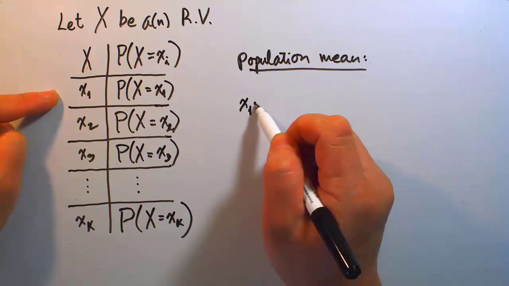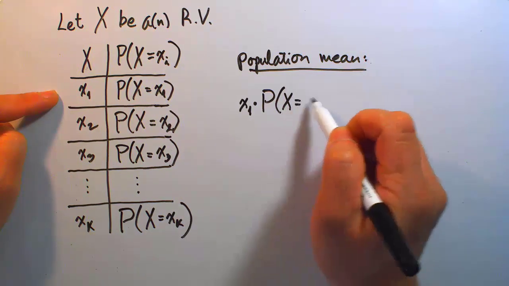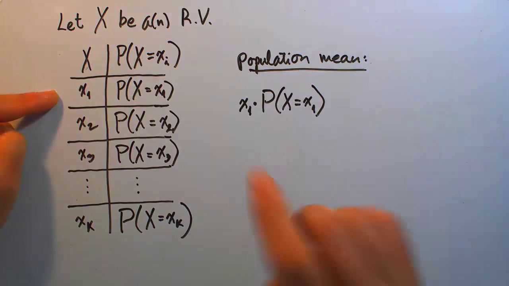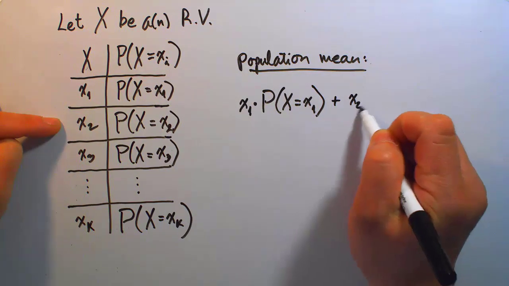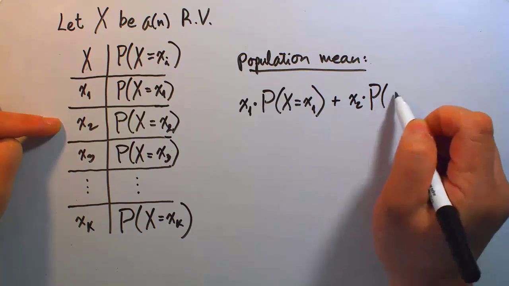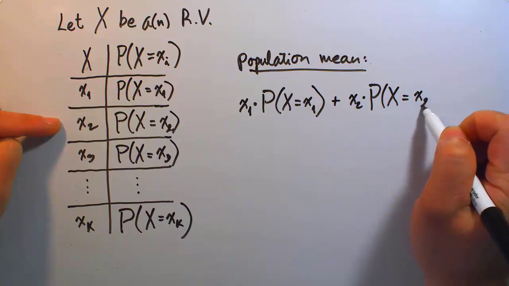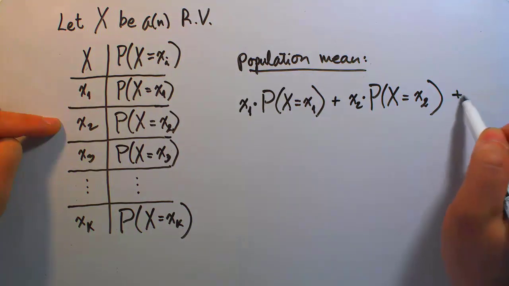I am going to multiply the value with the corresponding probability when your random variable equals x1 as a product. And I'm moving on to the next one, namely x2, and I need to multiply that value on the left hand side with the probability value on the right hand side, when x equals x2.